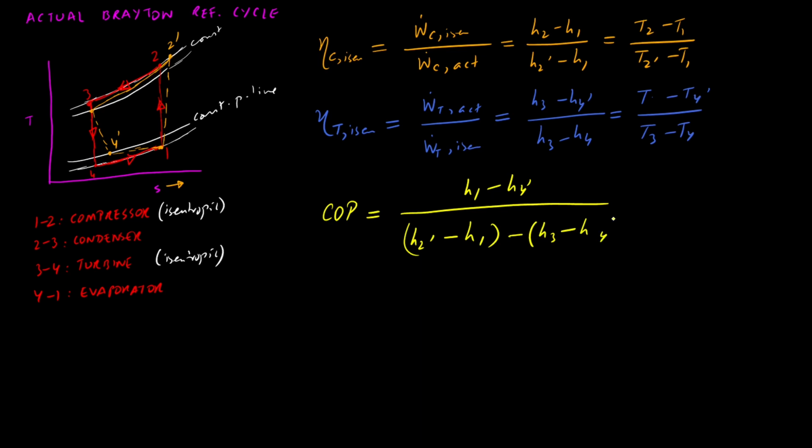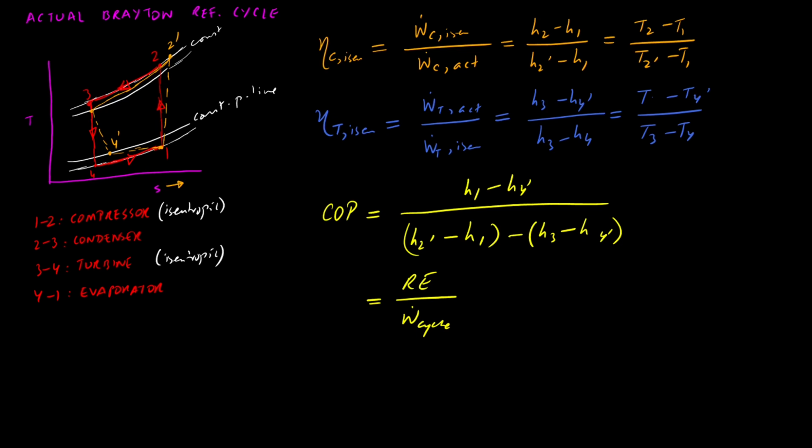Or you could also write it in terms of temperatures if you were looking at the scenario where the working fluid is being treated as an ideal gas. Another thing that we see from this cycle is that the refrigeration effect is going to reduce because of the irreversibilities that have been introduced. One, the work done has increased, and because the coefficient of performance is the refrigeration effect divided by the work done across the cycle, the work you're providing to the compressor has increased, and the work that the turbine is generating has decreased.